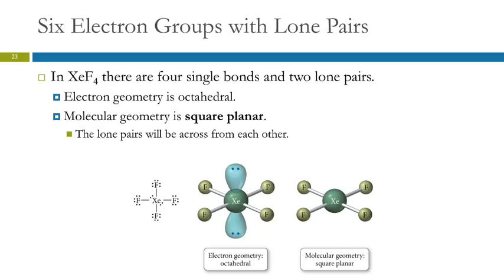Lone pair repulsions are the strongest, and so those lone pairs need to be as far away from each other as they can, and so they're going to be on opposite sides. We make those invisible, and we've got this, which looks a lot like that. This is square planar. It's a square and it's flat, because the invisible lone pairs are above and below, keeping it from popping into a tetrahedron.